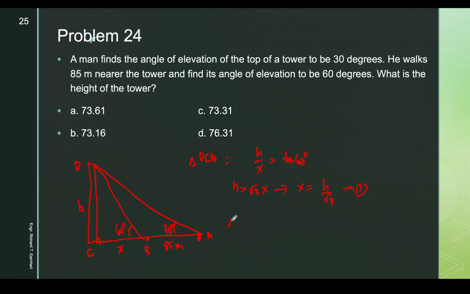And then from the triangle DCA, okay, so h over x plus 85 is tangent of 30 degrees.